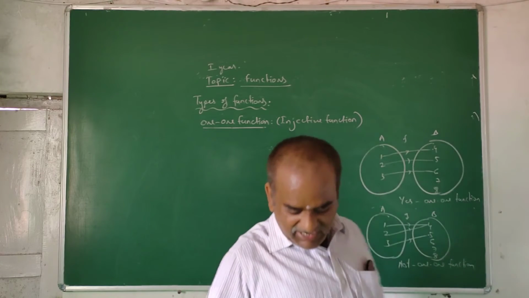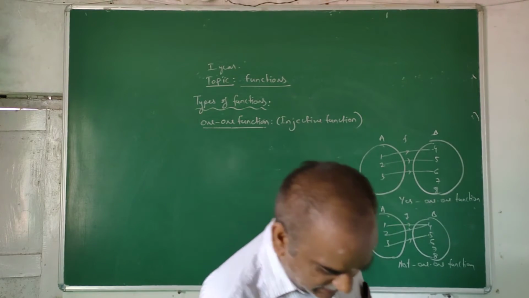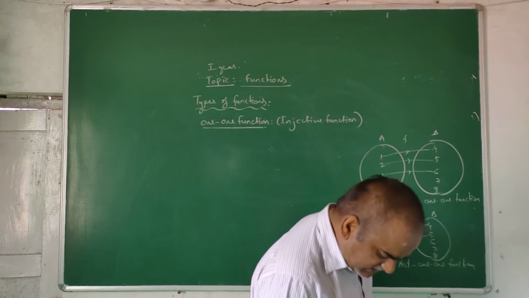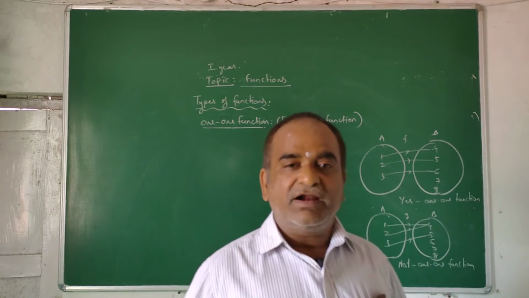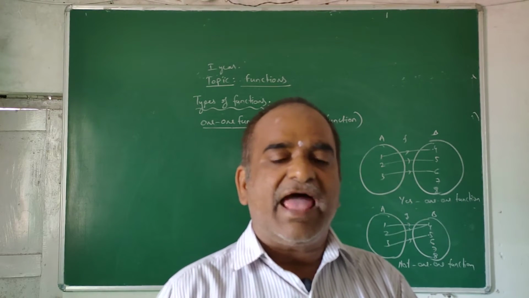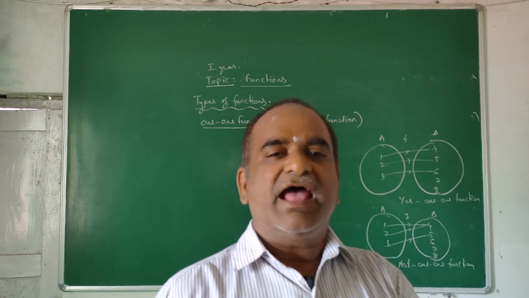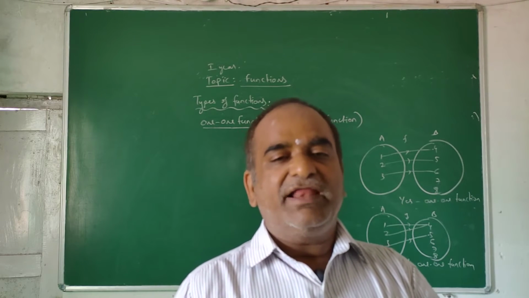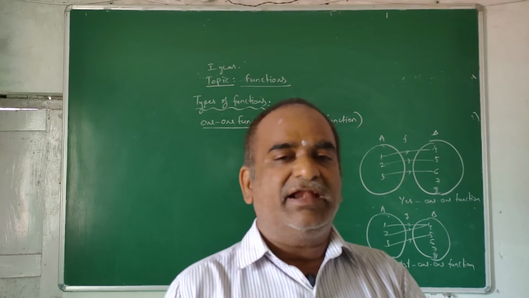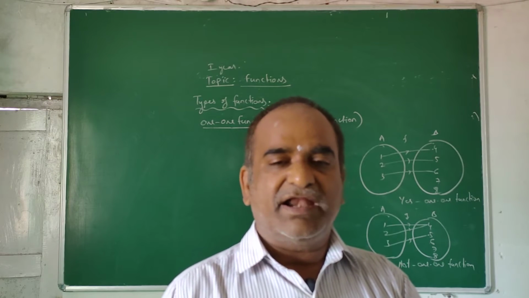So if that function is given as a set of ordered pairs, you will see whether any two ordered pairs have the same ordinates. Ordinate means second coordinate. Abscissa means first coordinate.